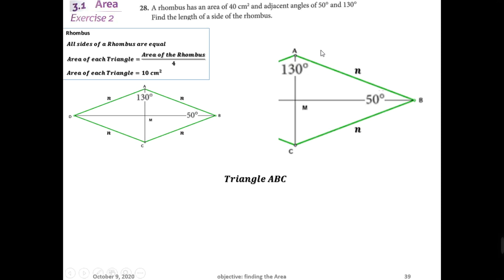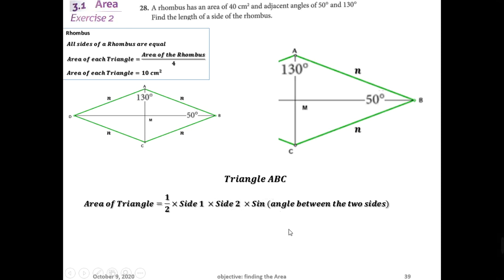So in triangle ABC, the area is equal to half times side 1 times side 2 times sine of the angle between the two sides. If we call the first n the first side and the second n the second side, then the angle between the two sides is 50, given to us in the question.